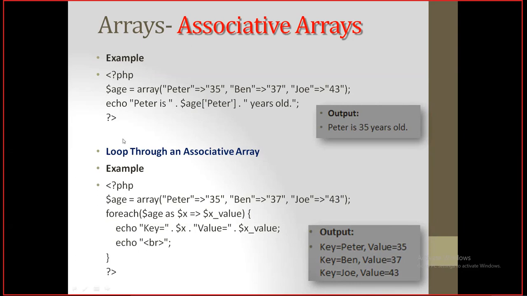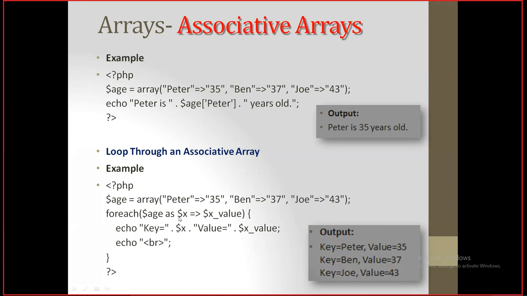So we use a foreach version of the for loop, and for each element in this age array, we will get the key value in $x, and we'll get the value part in this $x_value variable.